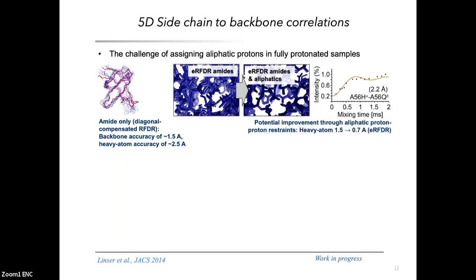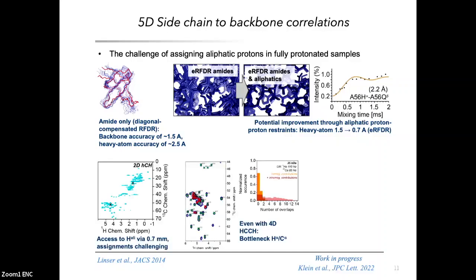But what we really want is a lot of aliphatics in addition. And this is just a teaser here, nothing that I really talk about: the EFDR project that we've been really working hard on for the last years. And we get these time resolved buildups and lots of different correction factors, and we can finally get very, very high resolution structures. But for all of this, we need aliphatic assignments in the first place.